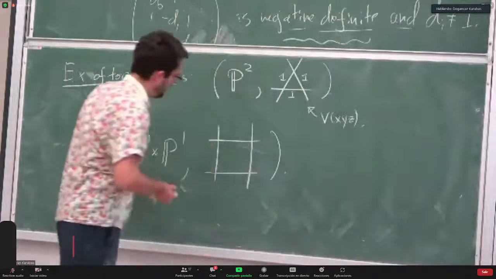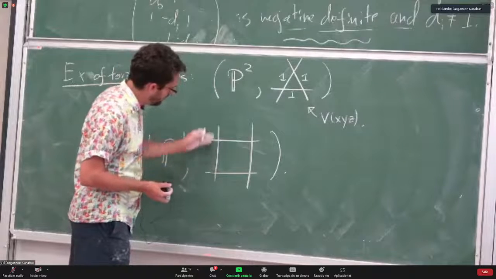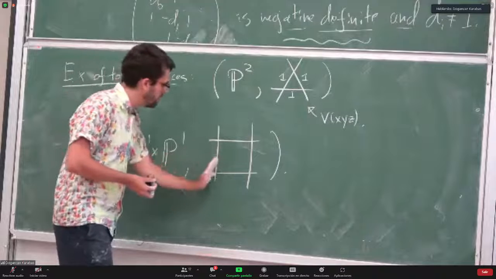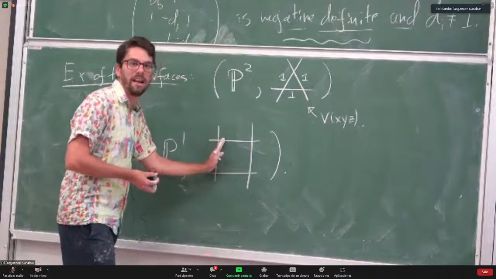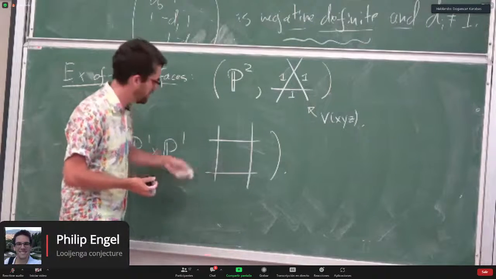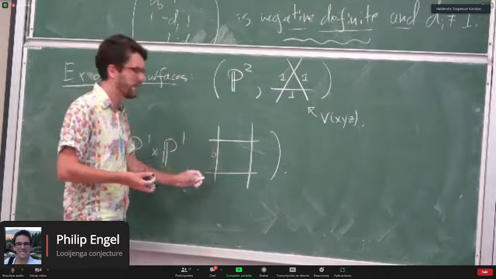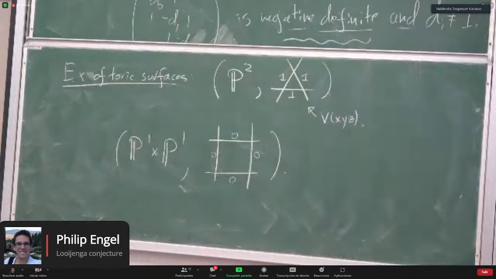With P1 cross P1, there's a projection map onto either factor, so I can deform the fiber over 0 to the fiber over 0.1, and I would get something completely disjoint from my original curve. So that self-intersection number is 0, because I can deform it to be completely disjoint. In fact, all of these are 0. Okay, so that's my little picture of a toric anti-canonical pair.